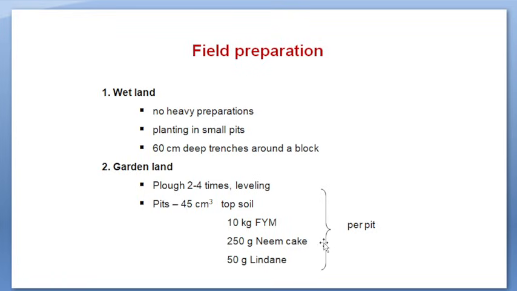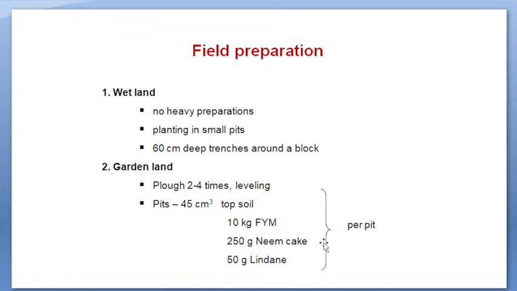So what is the advantage of cultivating banana in wetland, or how to cultivate in these particular different lands which I have mentioned in the previous slide. Suppose it is wetland, there is no need of preparing the soil and we can reduce that cost, and planting in pits, we can open 60 centimeter depth trenches here.